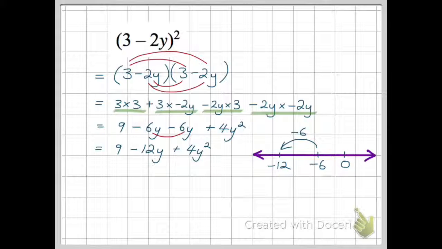So y squared should be first. So we're going to write plus 4y squared first. We don't need the positive sign, of course, there. And then we write the minus 12y. And then we write the plus 9 on the end. That's standard form, and now we're done.